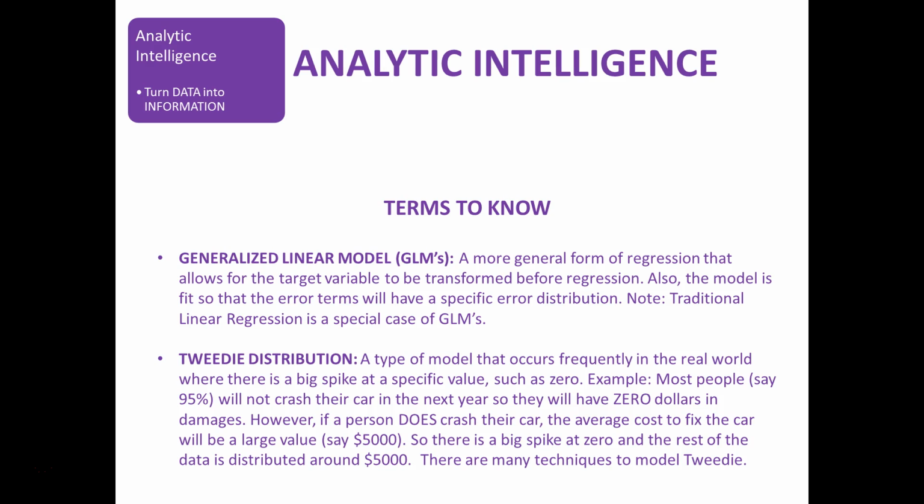So you have a big spike at 0. However, if they do crash their car, there's a big damage, like let's say $5,000. And if you try to apply simple regression to a Tweedie distribution, it's not easy and it's not all that accurate.